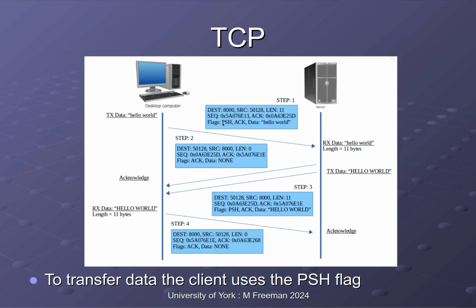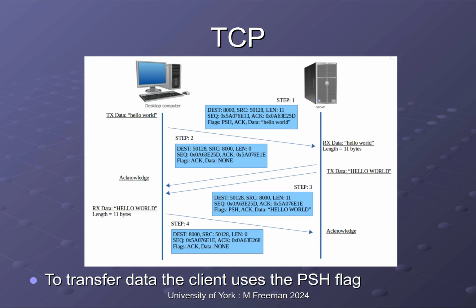If this data should be sent up to the application layer, then the push flag will be set. So the push flag doesn't indicate that this packet contains data. It indicates to the server that the data it has received up to this point should be pushed up to the application layer. So you can send data from the client to the server and the push flag will not be set. As an example, think if you're sending a book, you want to send lots of data.